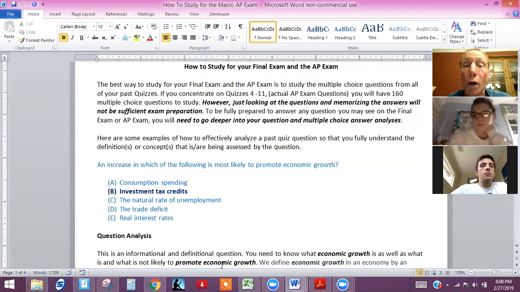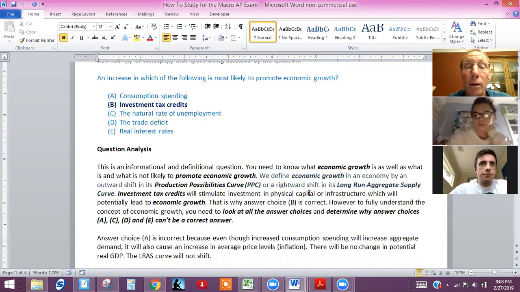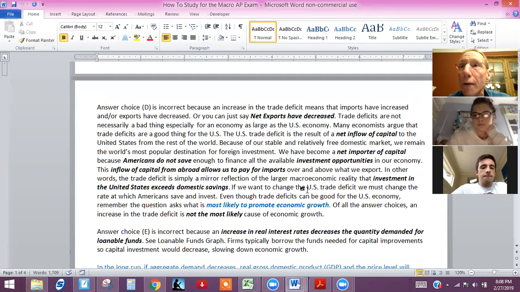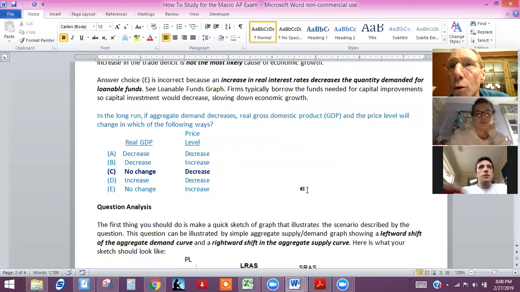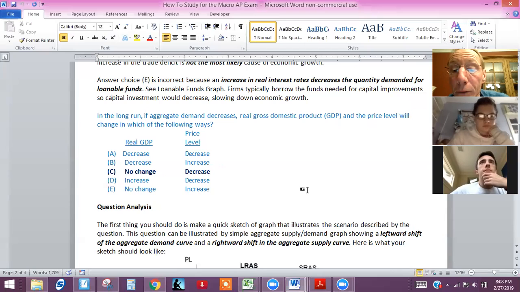So read over this, and if you're going through your studying, because we're going to have a pretty long break, where assignment 10 is not due until the first week of April. So you're going to have basically the whole month of March off for spring break, but that doesn't mean that's the time you need to be really reviewing for the final and for the AP exam in May, by going over your quiz questions from quiz 4 forward.